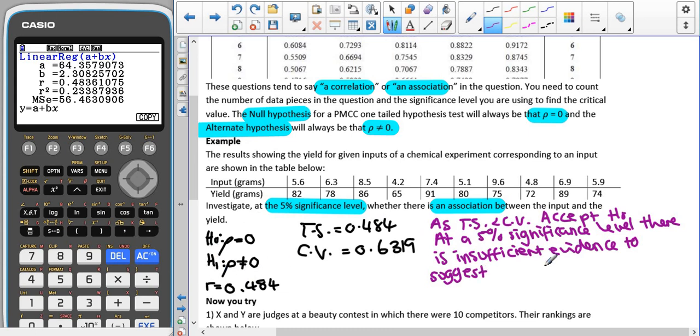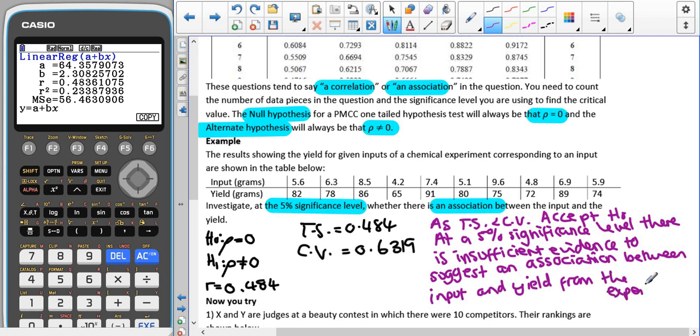We're writing about our H1, so to suggest an association or a correlation between input and yield from the experiment.